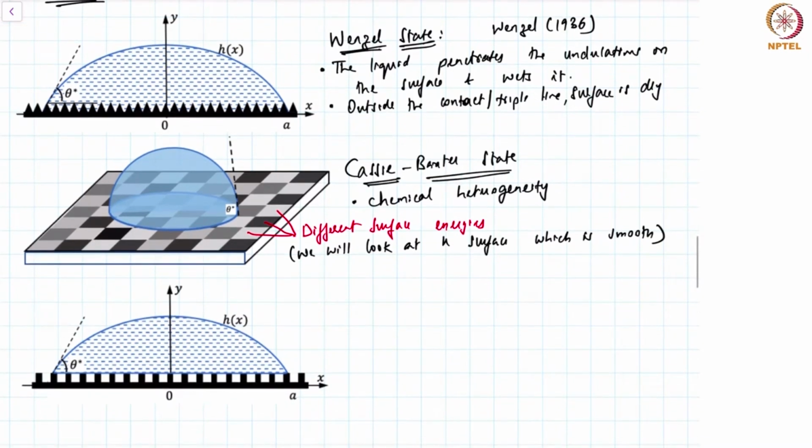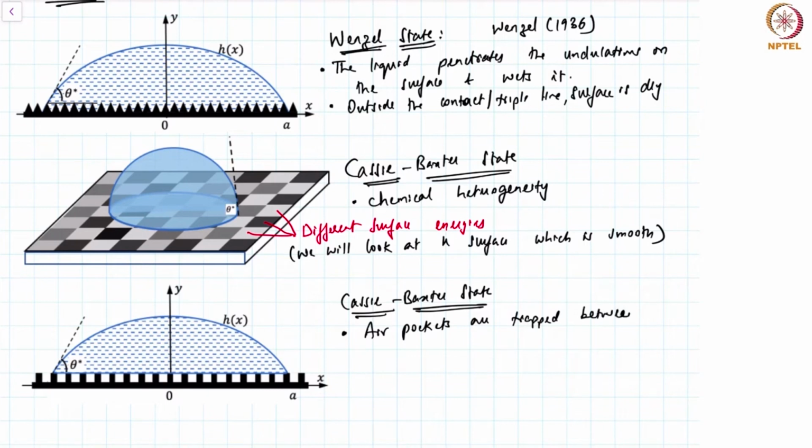And finally, we have another Cassie-Baxter state, where air pockets are trapped between the surface undulations or surface roughness elements.